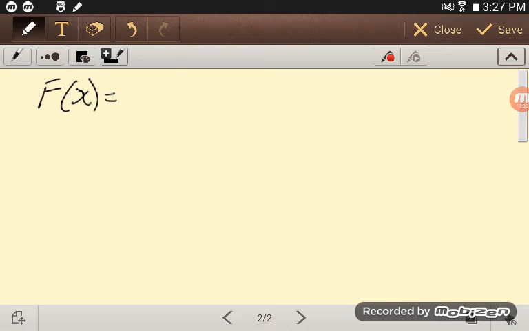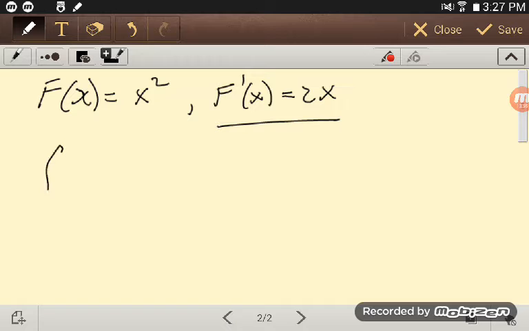If our F of x is, say, something like x squared, which would mean our F prime of x is 2x, then actually we tend to use it this other way: I can evaluate that definite integral from, let's go from 0 to 3 of 2x dx.